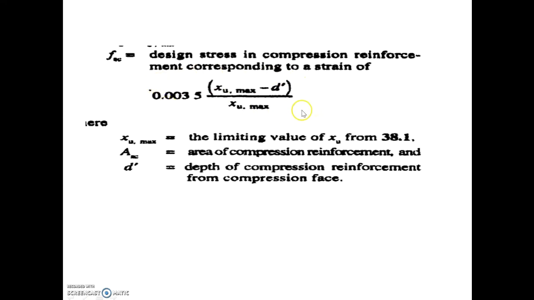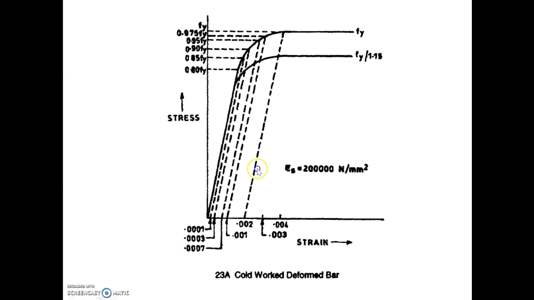After getting the epsilon sc value, we have to find out the stress value by using the stress strain curve graph. This is the stress strain curve graph of a cold worked deformed bar. For example, if we get an epsilon value of 0.002, using this straight line curve and after touching the fy by 1.15 curve, we calculate the stress value, that is 0.85 fy.